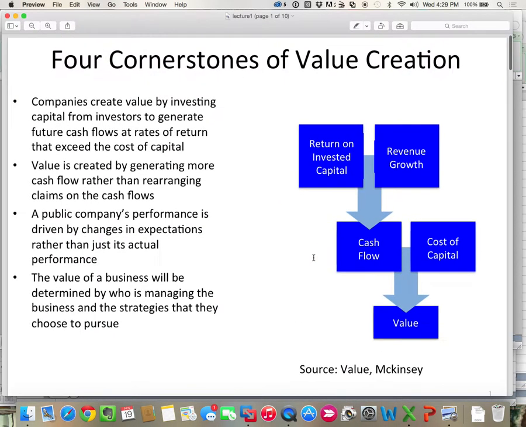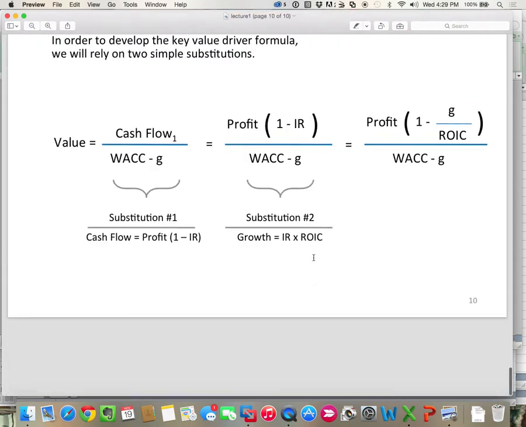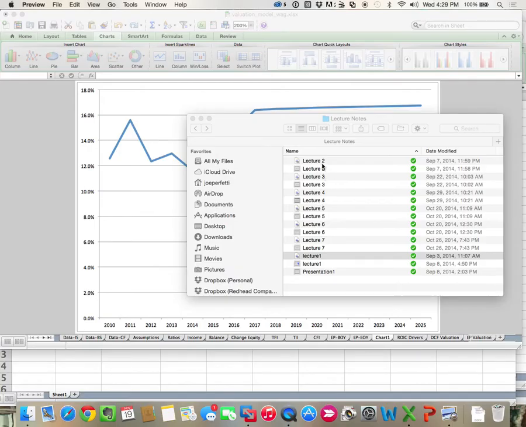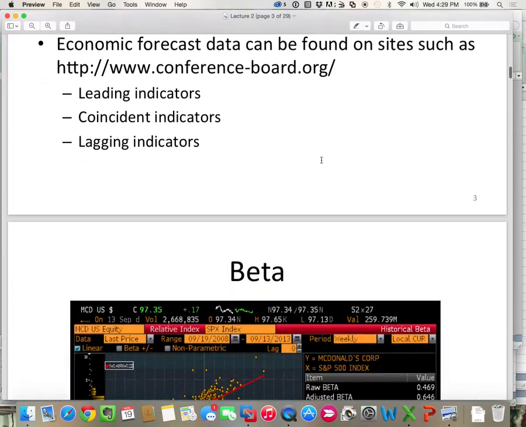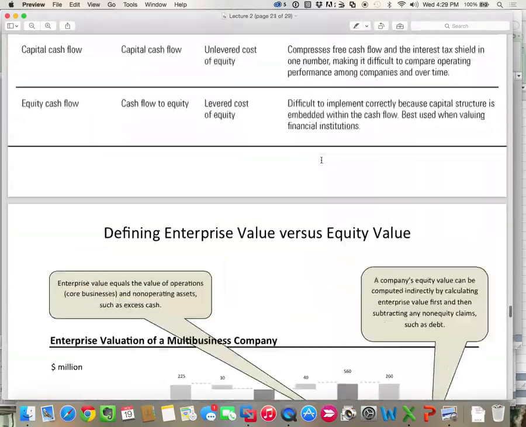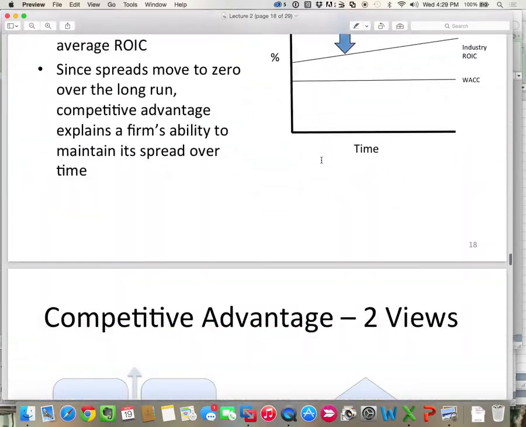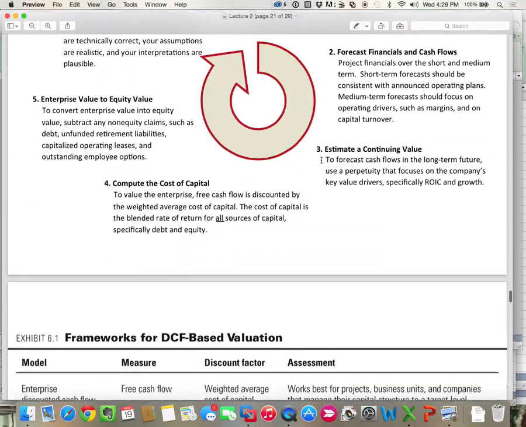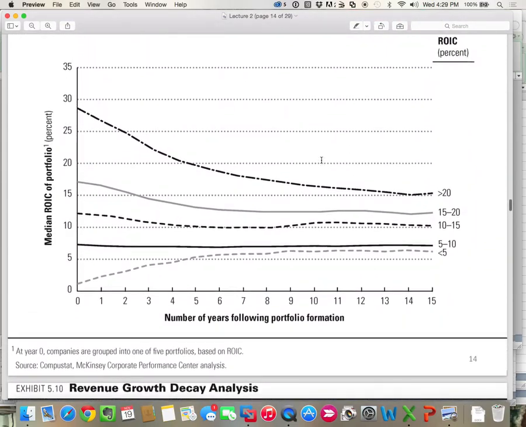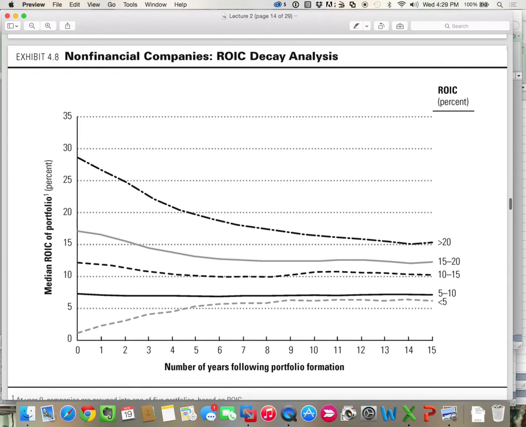Let me go back and look. It was in lecture 2. Oh, here it is.